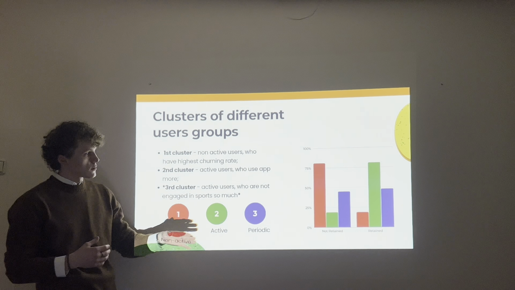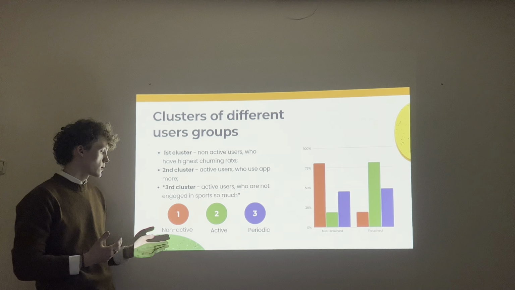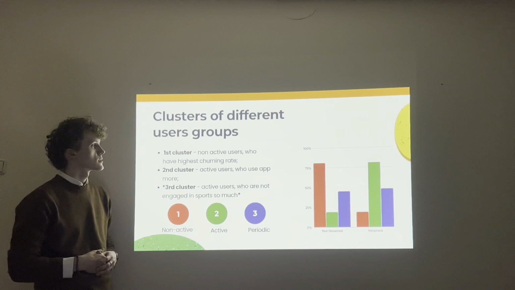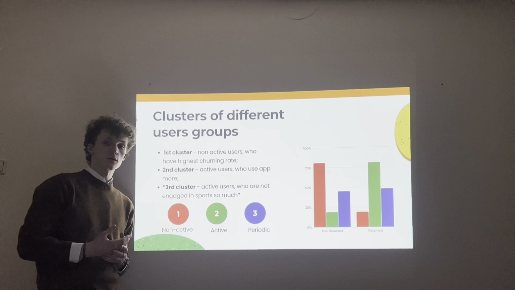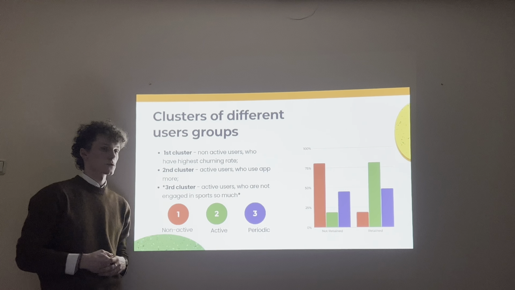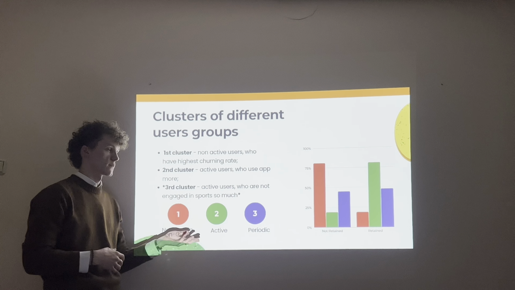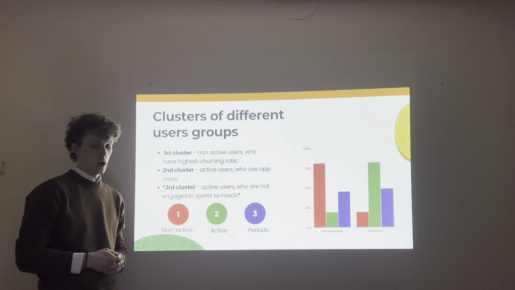And taking a look at the chart on the left, we can see that the non-active group has the highest rate of not continuing their membership subscription, whereas the active user is vice versa. So it means they have the highest rate of retaining the app's subscription.